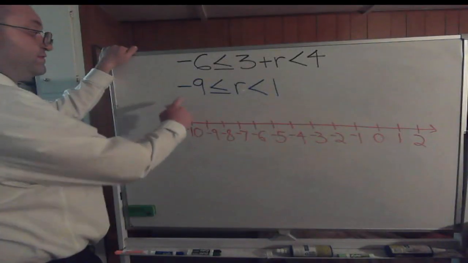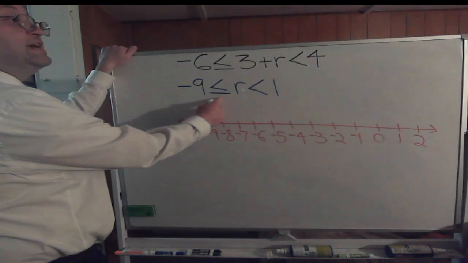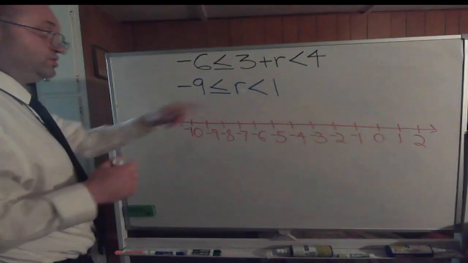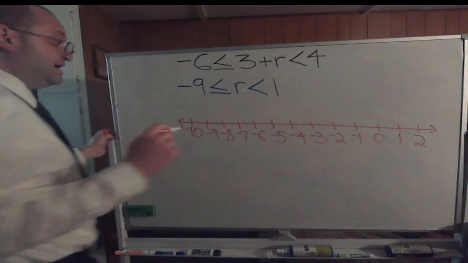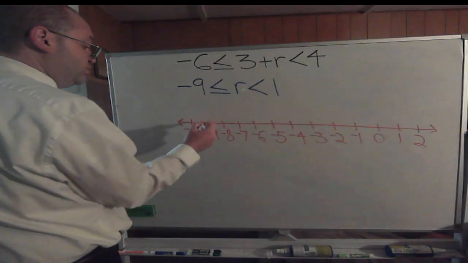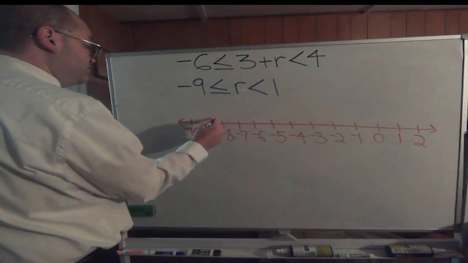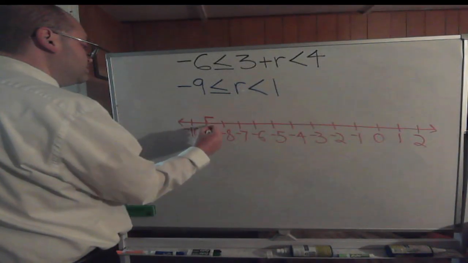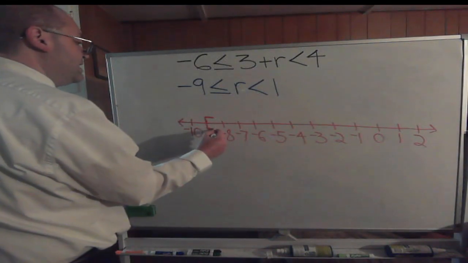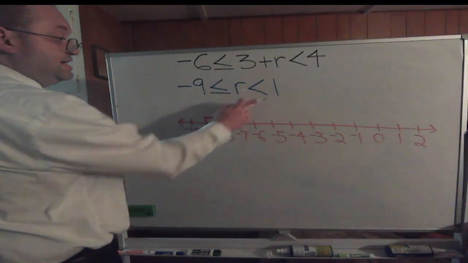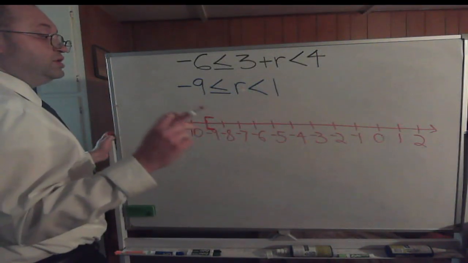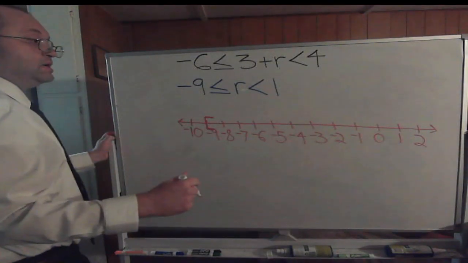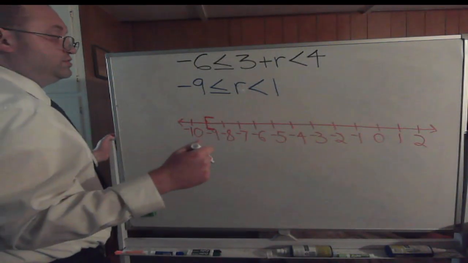So now we start with the first number. -9 is less than or equal to r. So since it's less than or equal to r, that's going to be a bracket at -9, since it's got the equal component. So the open part of the bracket will face to the right. So draw a nice bracket at -9. And then since r is less than 1, at 1 you'll put a parenthesis since it's just less than 1, because we don't want to include 1 in the solution.